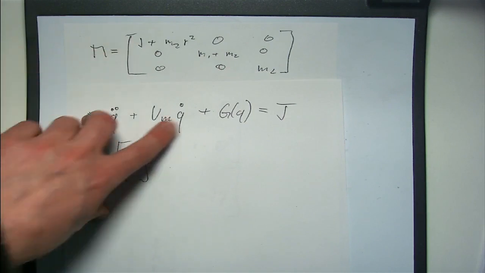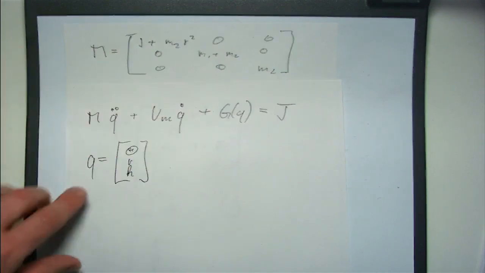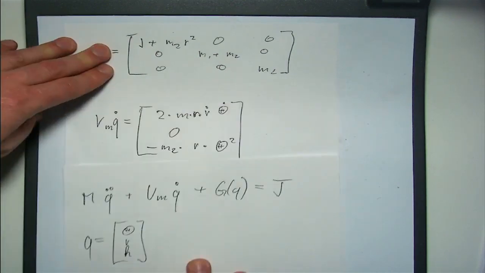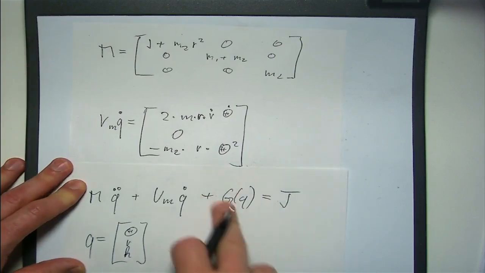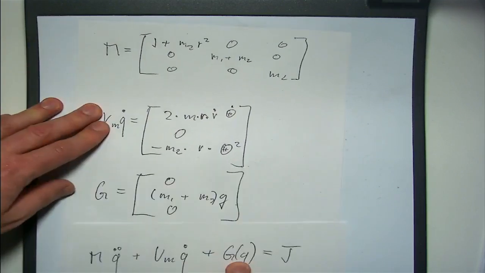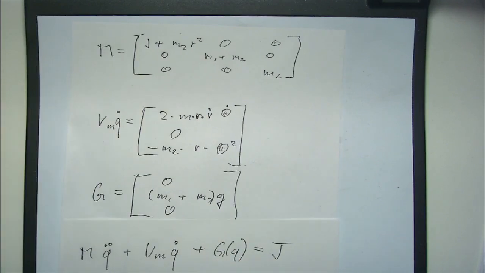I multiplied this out already, our V_m(q, q dot) q dot is that one there, and here's our G(q), which is that one. In this case gravity pulls down.